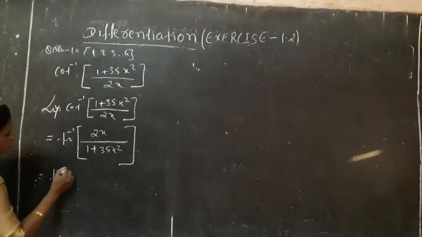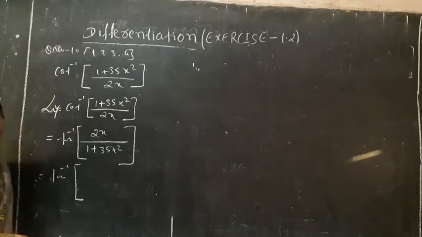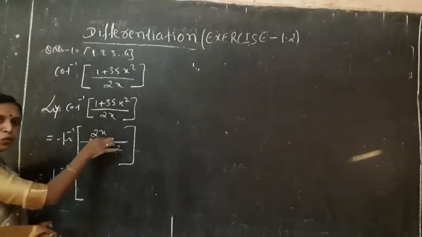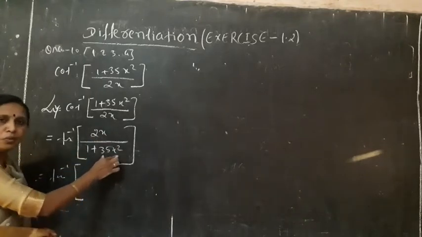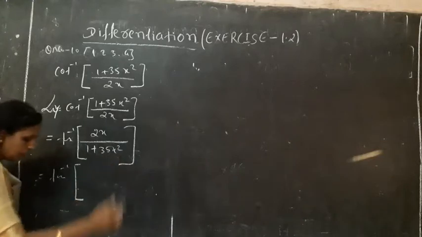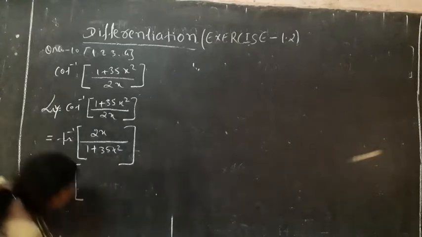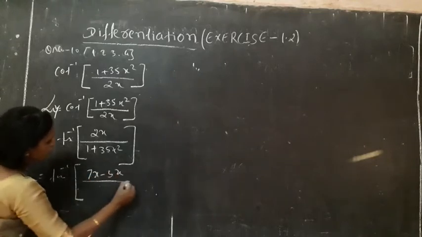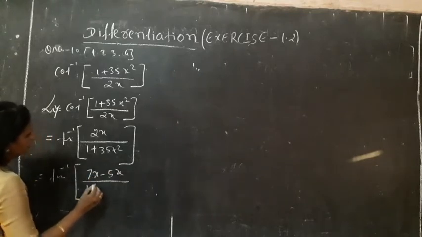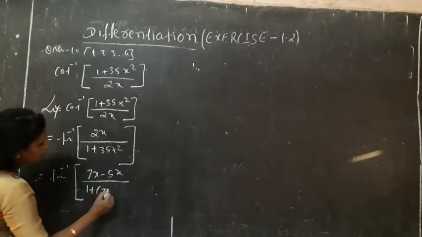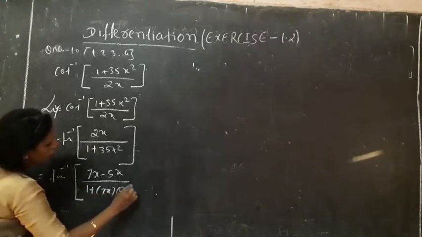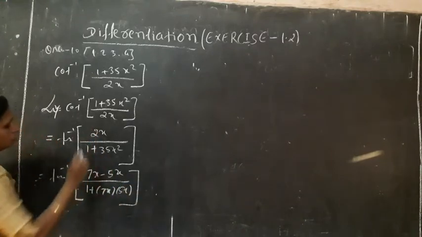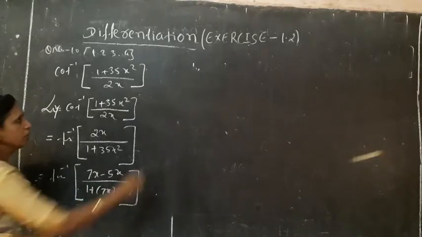Once again choose the numbers such that the sum or difference must be equal to 2x and the product must be equal to 35x square. See here, we can write this as 7x minus 5x divided by 1 plus 7x into 5x. 7 minus 5 gives 2, 7 into 5 gives 35.